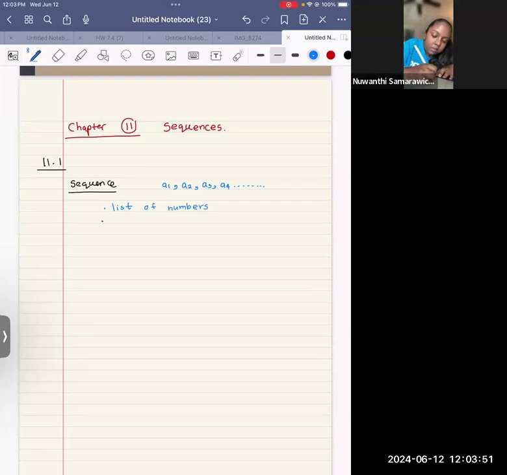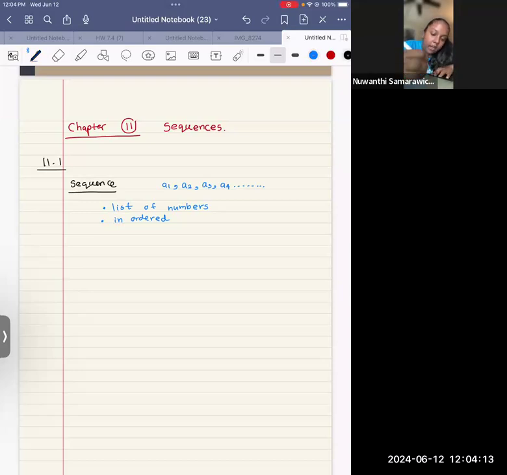And also notice that this is in order, because A1 and then A2, A3, it is in order. So a sequence is a list of numbers and it is in order.